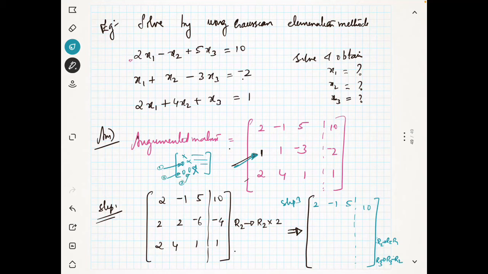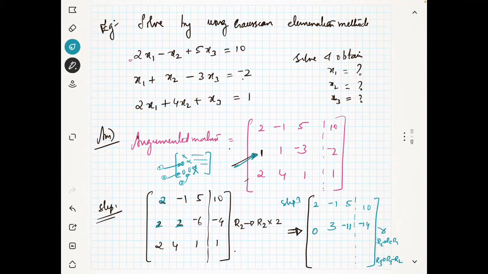Here this element is 2 and this element is 2, so I can change row 2 as row 2 minus row 1. So 2 minus 2 is 0. 2 minus minus 1 is 3, right? Next, minus 6 minus 5 becomes minus 11. Then minus 4 minus 10 becomes minus 14. So this operation is finished.